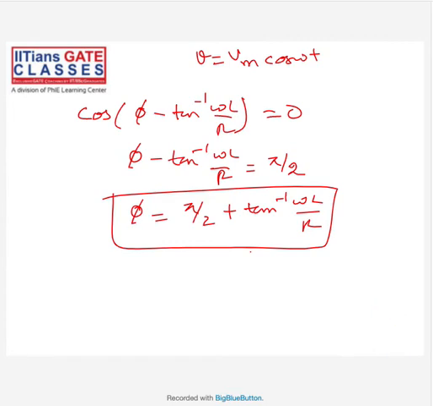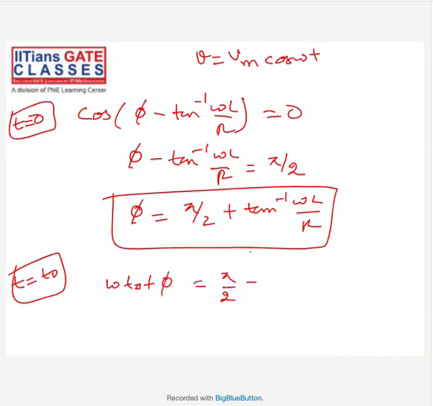That is when the switch is closed at t equal to 0. If the switch is closed at t equal to t naught, I'll have omega t naught plus phi equal to pi by 2 plus tan inverse omega L by R. These two are important.